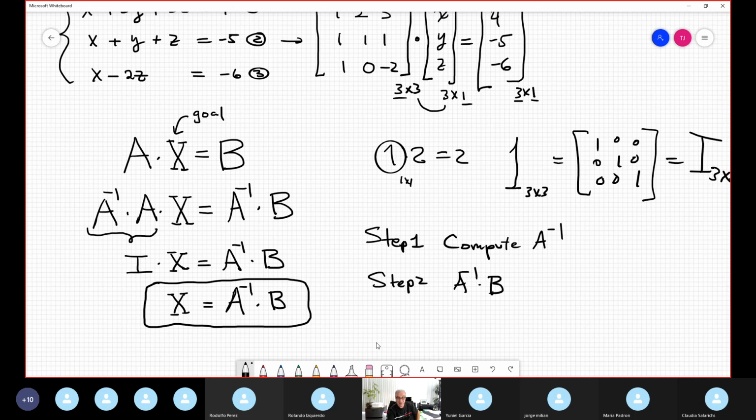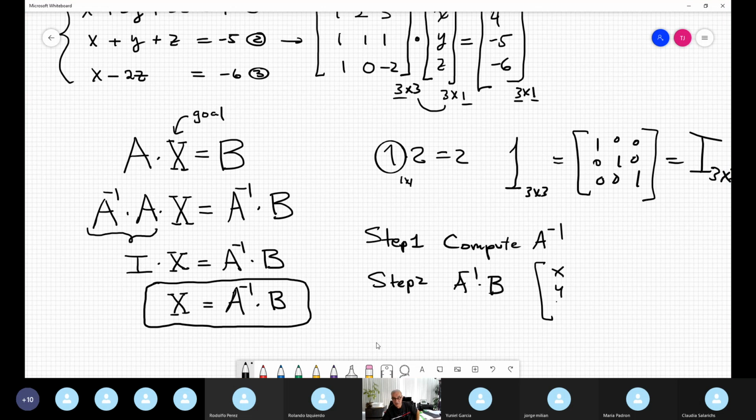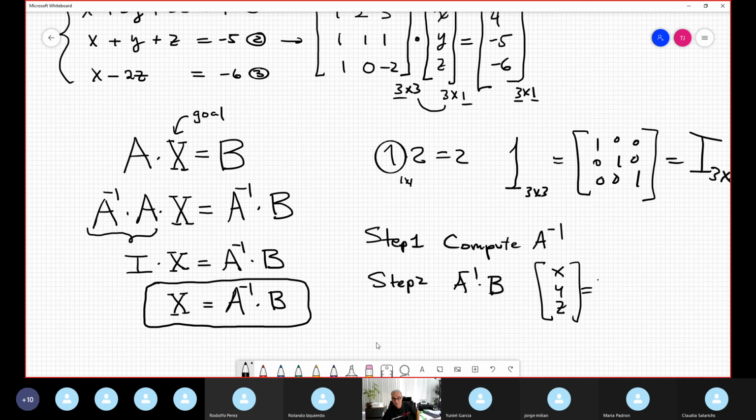And magically, you have a vector X, Y, Z, capital X, and you have 3 numbers, and this is the solution. X is this, Y is this, Z is this. Do you understand the idea?